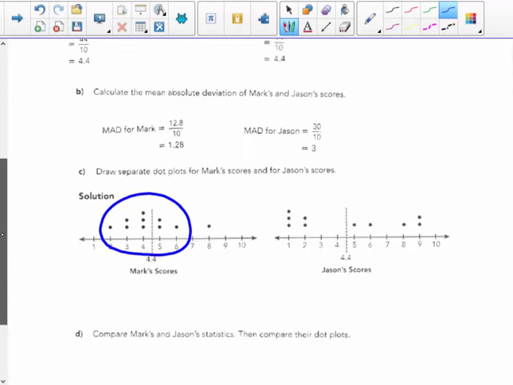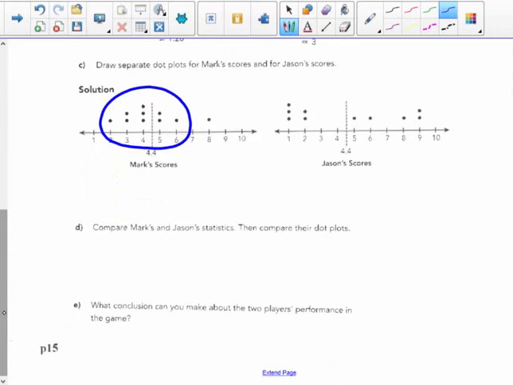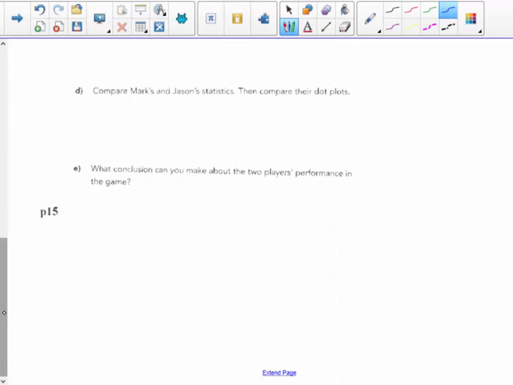So, part D here. Comparing Mark and Jason's statistics, and then compare their dot plots. Well, Mark and Jason scored the same number of points total. Their average was exactly the same.